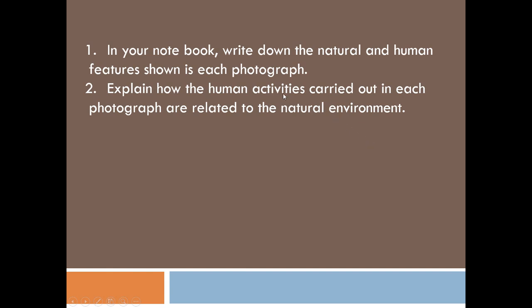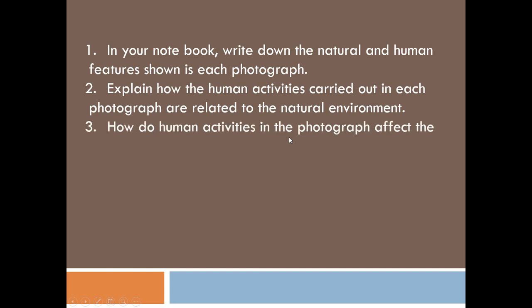Therefore, why is man making bricks in photograph 1 and not quarrying or getting stones? So make an explanation of how the human activities carried out in each photograph are related to the natural environment.